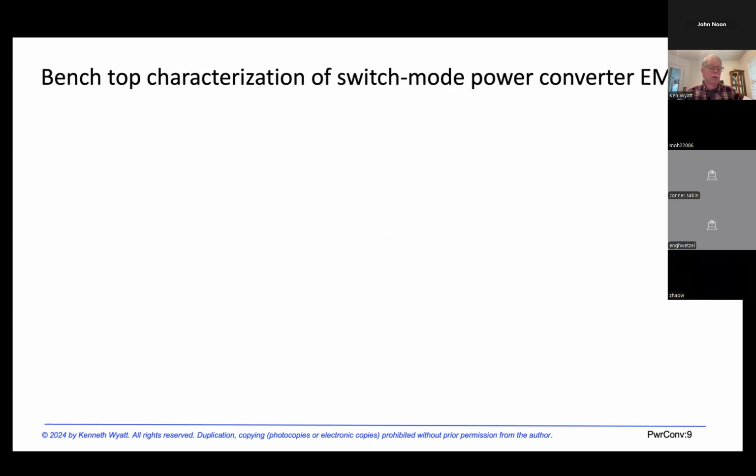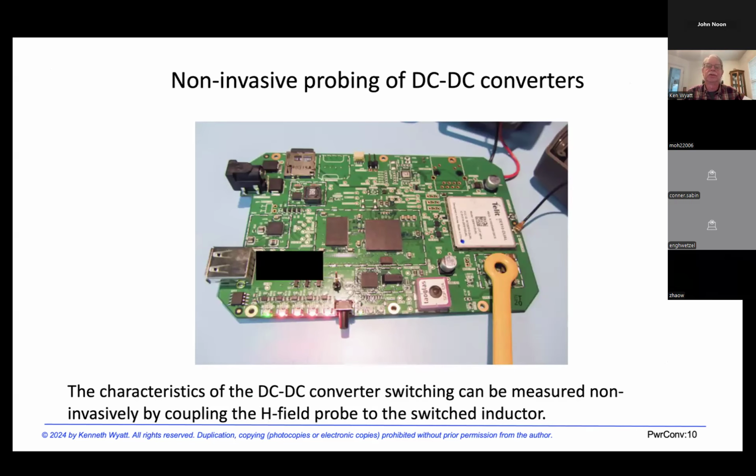So one of the things that I specialize in is benchtop characterization of EMI. And so we're going to show you some ways that I characterize DC to DC converters. Pictured here is a wireless wildlife camera board that hunters or wildlife experts like to use. You bolt this to a tree and you can monitor wildlife.